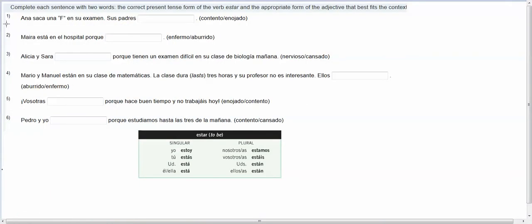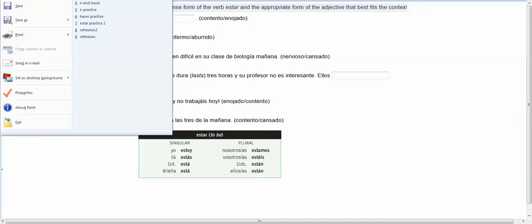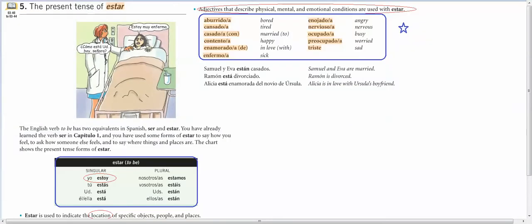Okay, so let's look at some practice with estar. In the first one, we want to pick the emotion.